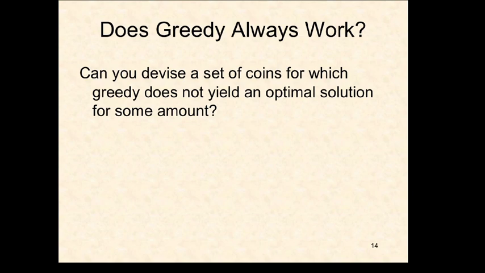Now here's a question which is related to yours. Does greedy always work? It just so happens that whether by design or luck, although the U.S. coinage system predates the term greedy algorithm, it does give an optimal solution if we apply a greedy algorithm to the U.S. coin denominations.